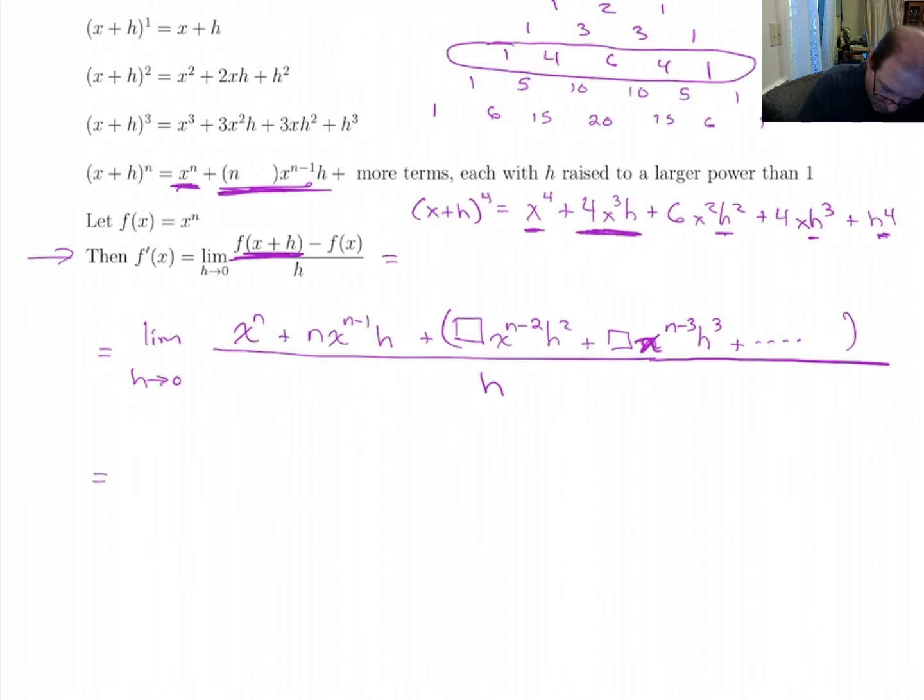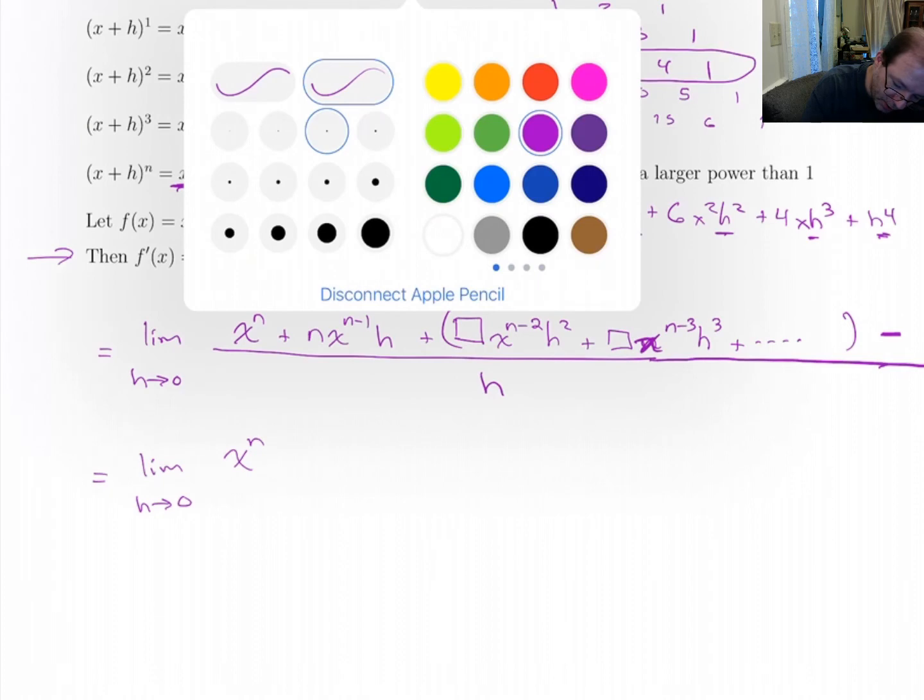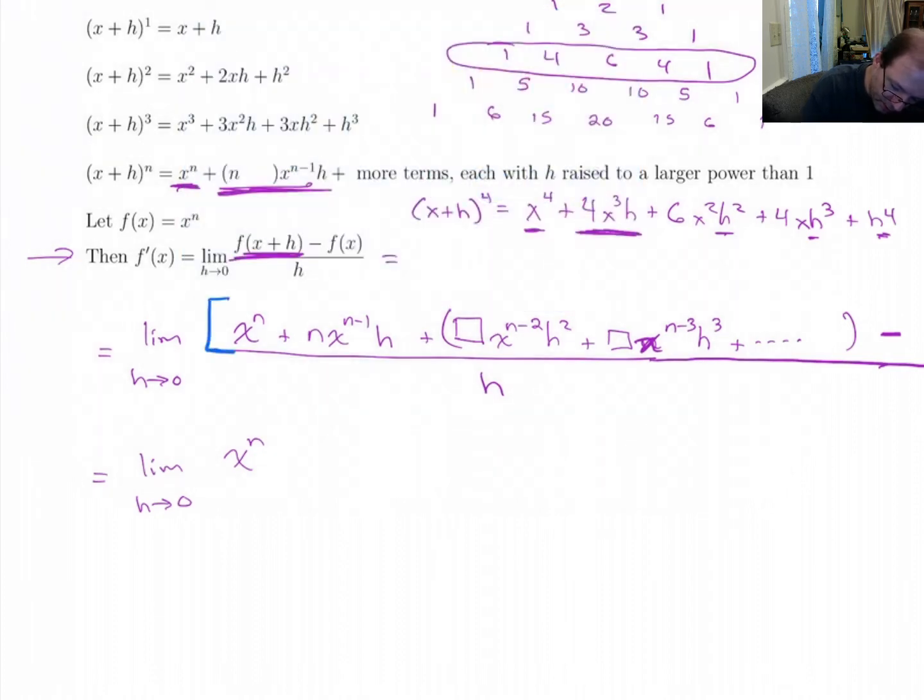So let's do this. Oh, I left off something important here. This bit here is f of x plus h. Then I've got to subtract off f of x, which was just x to the n.